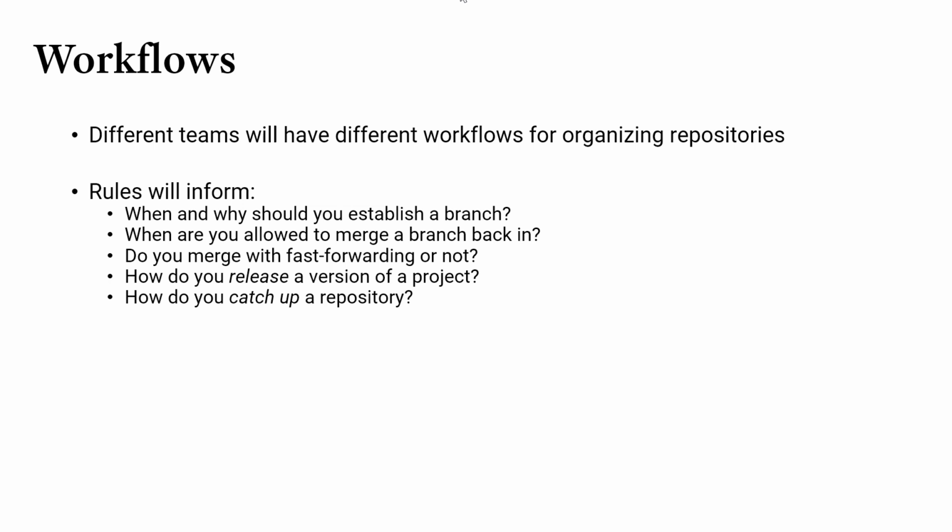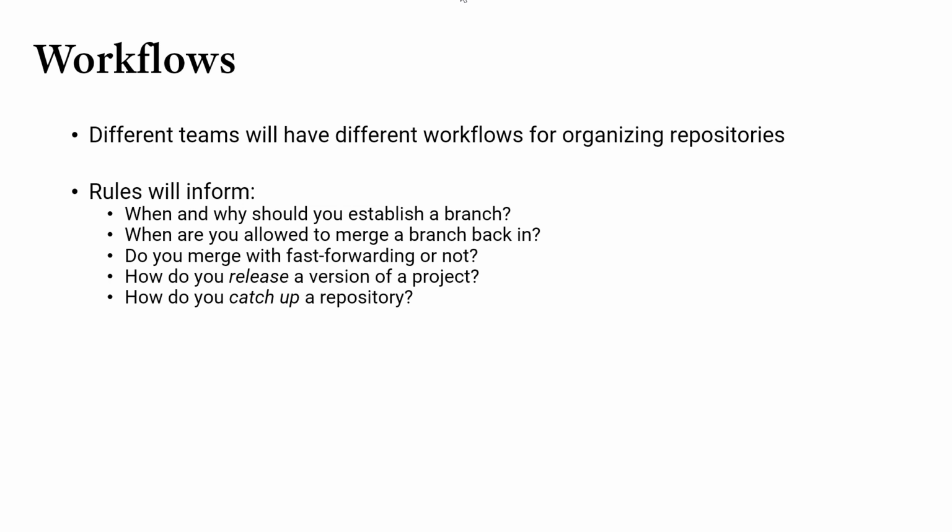Where things get a little more stringent is when you can merge a branch back into the mainline branch, or to master. Often this would be based around: are you passing your tests? Have you fixed any conflicts? Things like that. We'll see that once we learn a little more about fast forwarding, some teams prefer a model where you always merge via fast forwarding, and you have to jump through some hoops to do that.